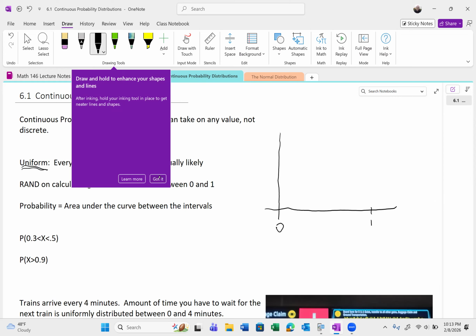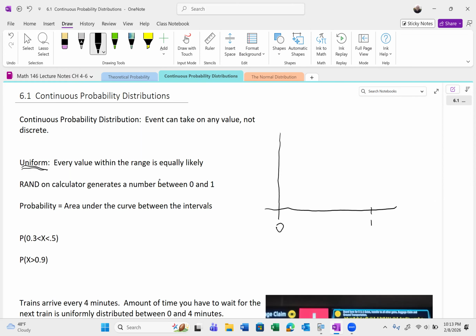It gives you any number between 0 and 1 with equal likelihood. And so we indicate that with a nice level straight line going across there. The height of that graph would also be 1 because the total area of any continuous probability distribution needs to be 1.